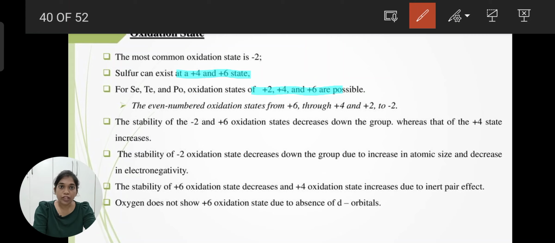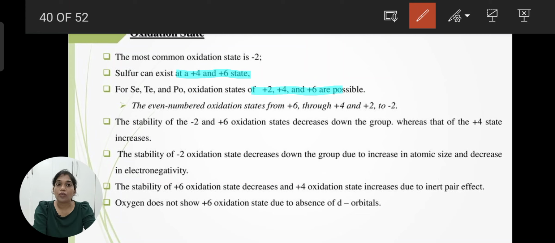The stability of +6 oxidation state decreases and +4 oxidation state increases due to inert pair effect. I have already shared a video about inert pair effect or screening effect. Just go there and watch that video, or I will give the link of that video in the description box.